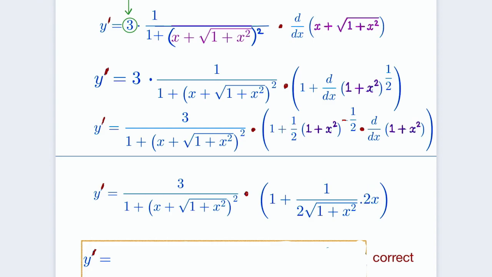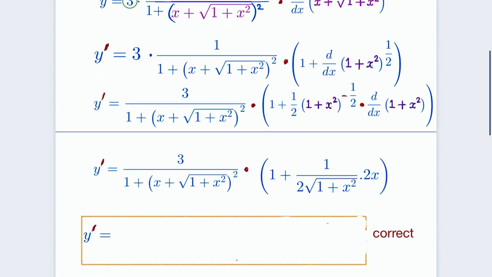And here 1/2, so we have 1/2 here. This to the negative 1/2 power is the square root of 1 plus x squared, but in the denominator. Remember the negative sign indicates the reciprocal. So this to the 1/2 power will go to the denominator.